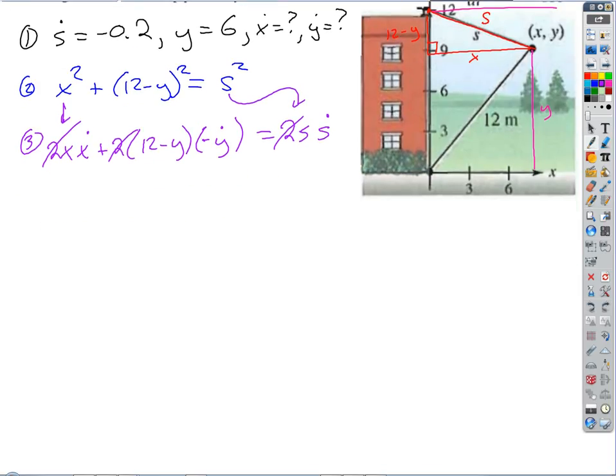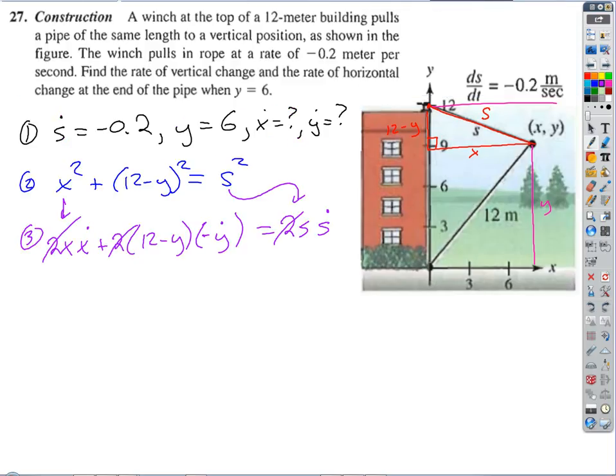Okay, so now I'm just trying to solve for stuff, right? What do I know and what don't I know here? I've got s dot, y. Okay, so I want to plug in values now, correct? So now I could populate step 1 with more information if I want to, right? At this moment in time, we know that y is 6, right?